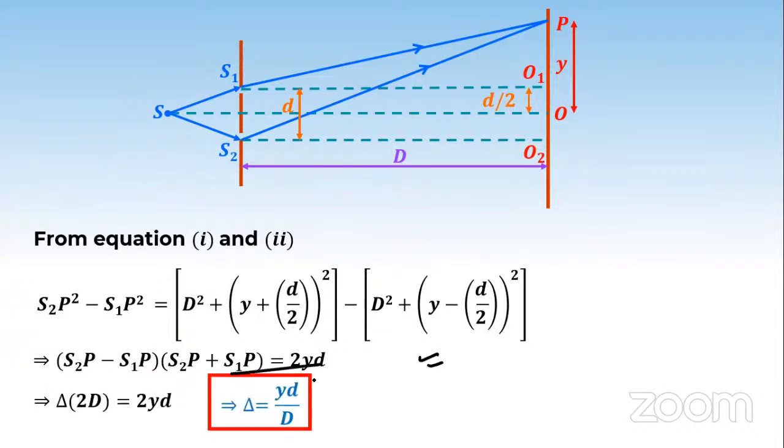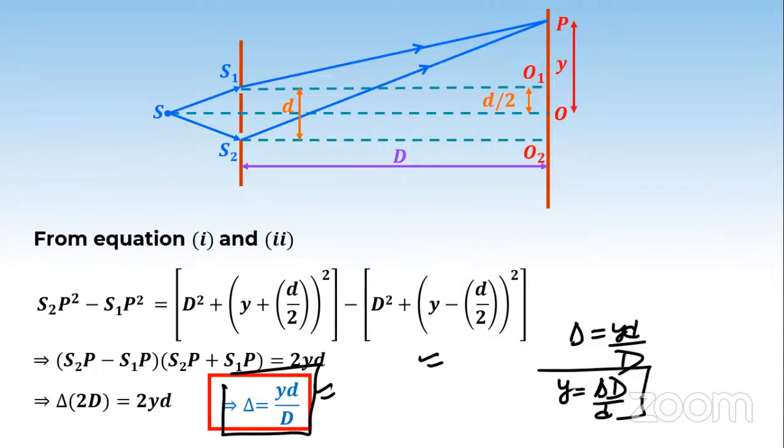That is, del y equals d by capital D. We'll get the path difference to be y d by D. So from this we can see y equals path difference into capital D upon d. This will give you the y distance where you will get the different conditions, the maximas or minimas there.